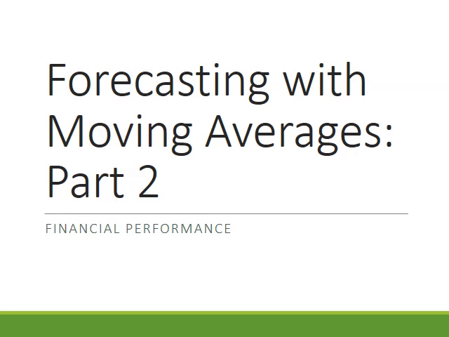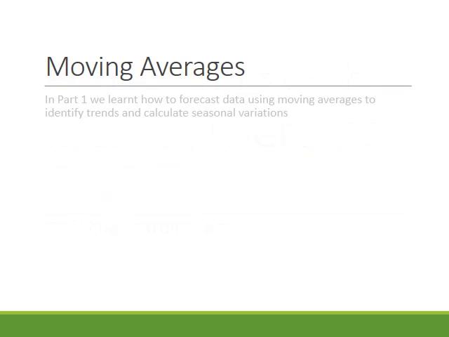This is part 2 of our sessions on how we forecast using moving averages. Now in part 1 we looked at how to forecast data using moving averages, and by using moving averages we were able to calculate trends and also seasonal variations in data.